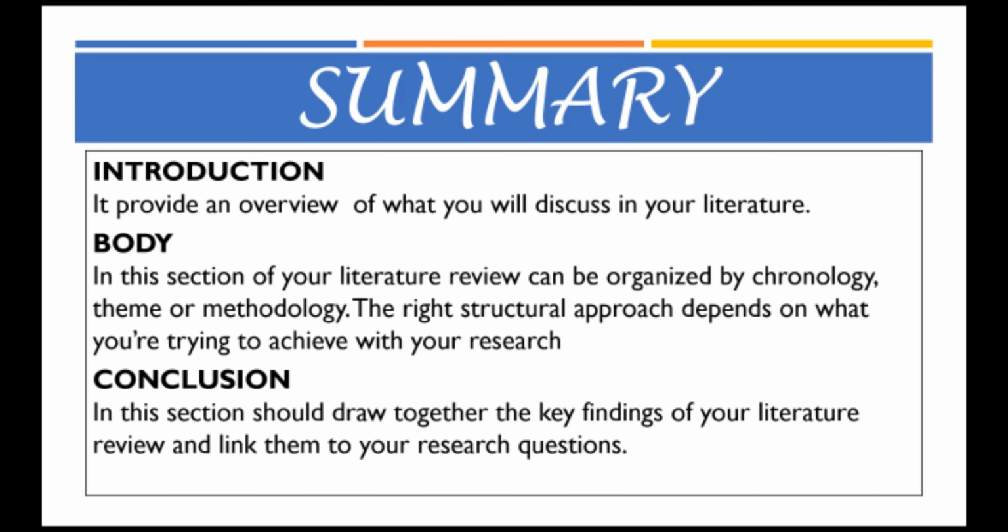The body section can be organized by chronology, theme, or methodology. The right structural approach depends on what you're trying to achieve with your research. Lastly, in your conclusion, you should draw together the key findings of your literature review and link them to your research questions.